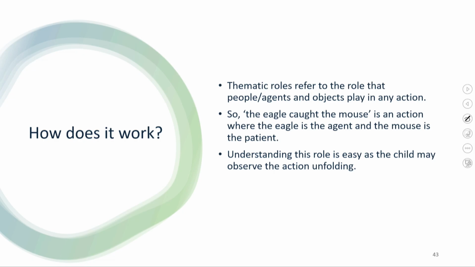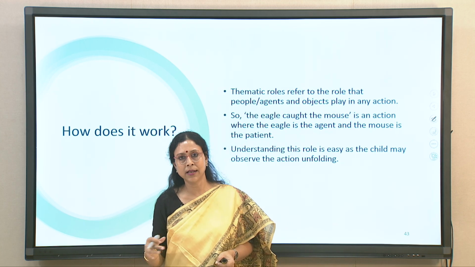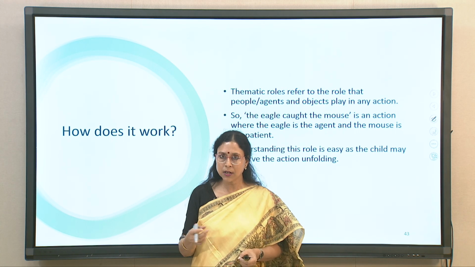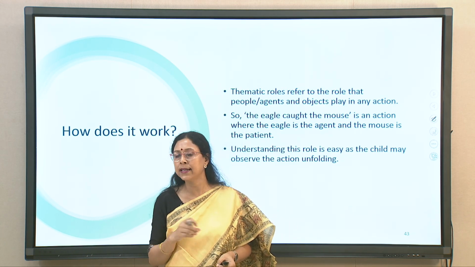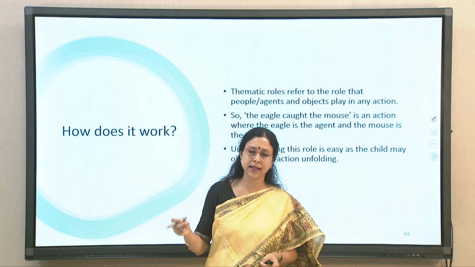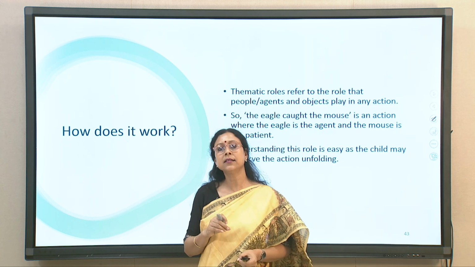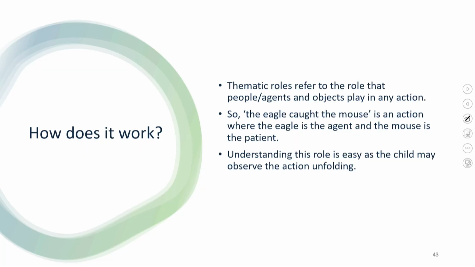Now, this is something that the child needs to map, that this is a noun and this has the role of an agent in a syntax. In the syntactic structure of a sentence, the role of the noun is that of an agent, the doer, who is doing the action, on whom the action is getting carried out, and what is the action. Understanding this role is often easy because when children are growing up, the actions that the parents or other caregivers talk about will often be happening right in front of their eyes.